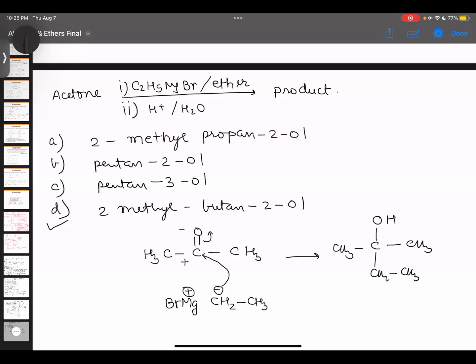And now for the IUPAC naming, we need to choose the longest chain, giving lowest number to the carbon atom bearing OH. So this is 2-methylbutan-2-ol. Right? Yes, sir. Let's do one more question.